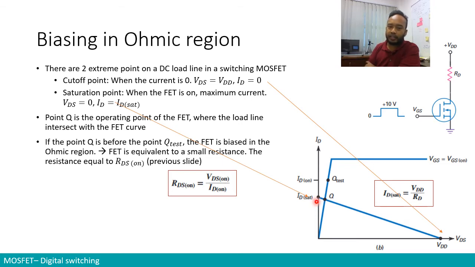Therefore, in ohmic region, as I mentioned just now, we can easily consider that the FET between drain and source is operating just like a small resistance, and the resistance is equal to RDS on. So RDS on is the value that we have mentioned just now to equal VDS on over ID on, and the explanation was in the previous slide just now.